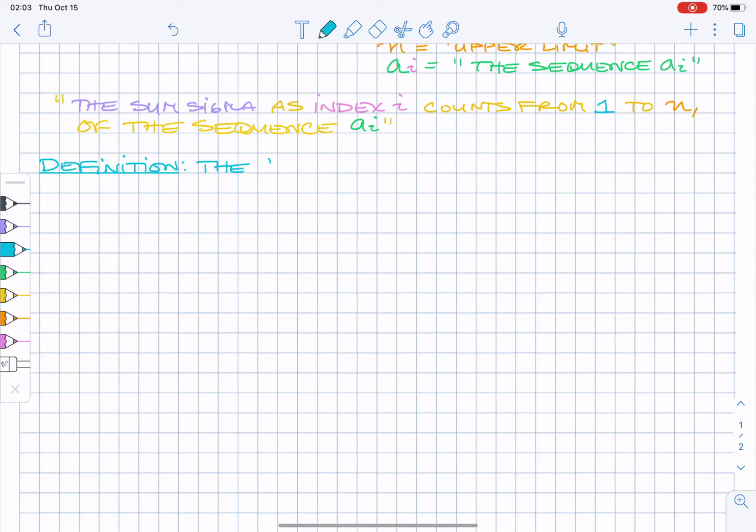The nth partial sum of a series is given by S sub n is going to be the sum sigma as my index counts from 1 to n of a sub index.